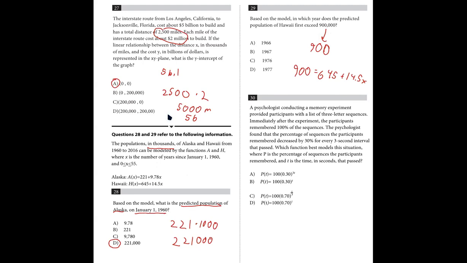and that gets you 255 equals 14.5x. Divide both sides by 14.5, and you get 17.58.